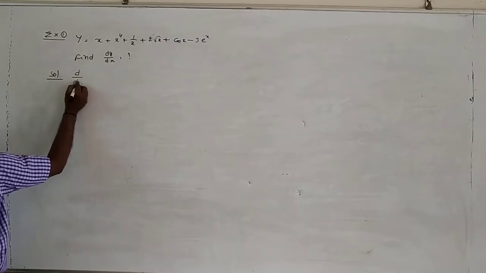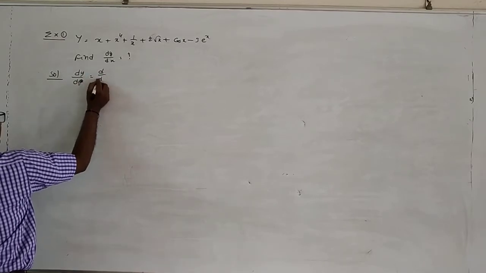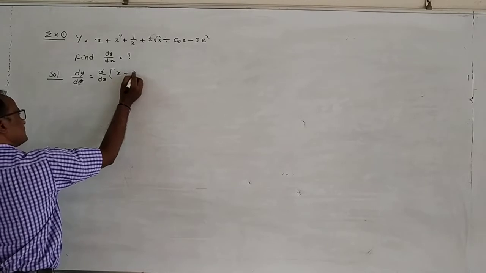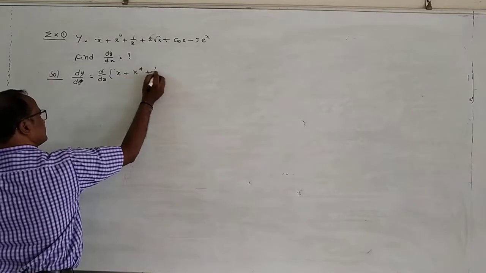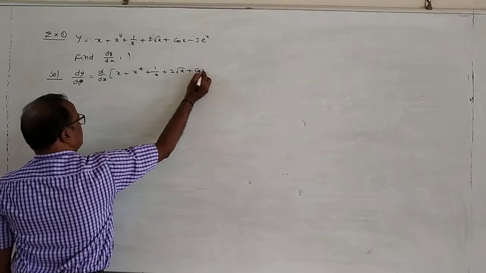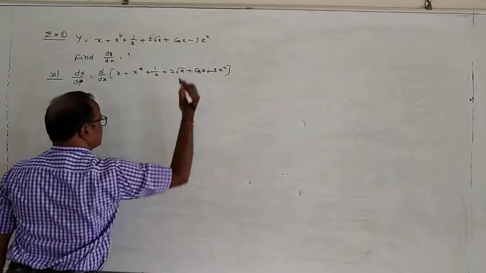So see here, dy by dx is equal to dy by dx of y, where y is equal to x plus x power 4 plus 1 by x plus 2 root x plus cos x minus 3 into e power x.